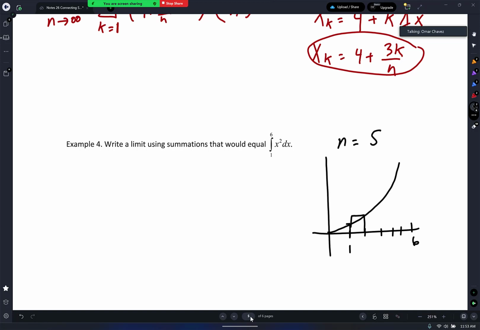So 1, 2, 3, 4, 5. I'm just making this up, guys. Then I would go, let's see, what would I do? I would say that my delta x is just 6 minus 1 divided by 5, which is just 1.